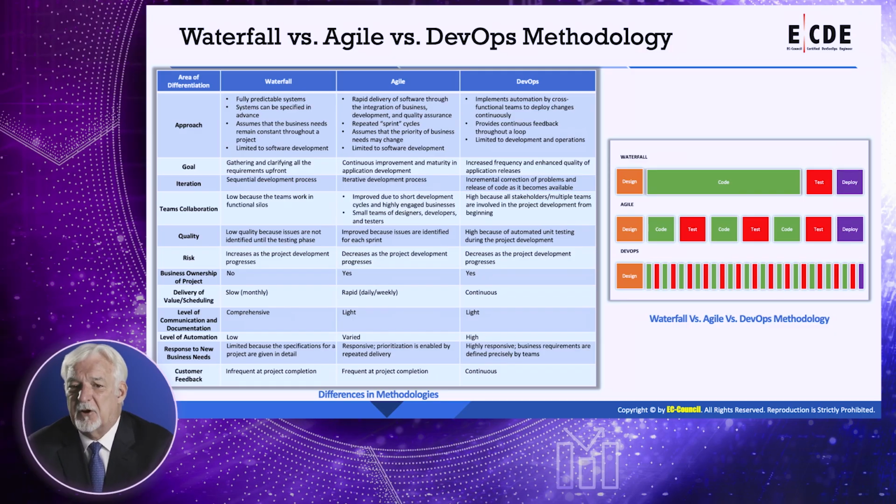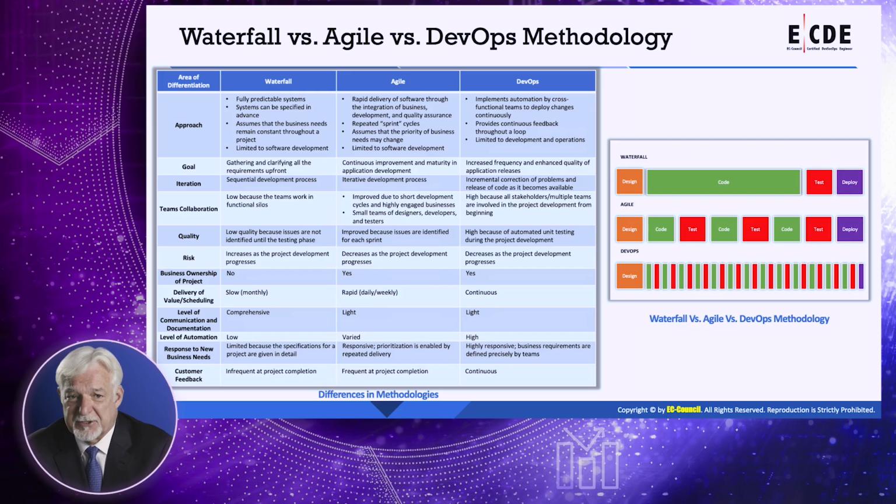And everything that gets called out as an issue early on can get swept up into these releases. Risk is high with Waterfall. Obviously, it decreases with Agile because of the project development that occurs in iterations. But it's extremely decreased with DevOps because of the surety of what you're doing at the end of a particular push or a cycle.